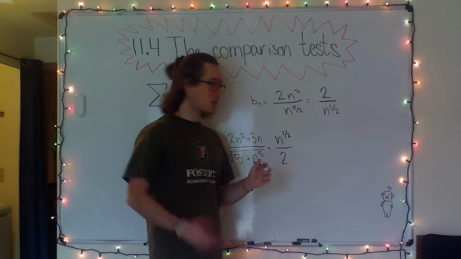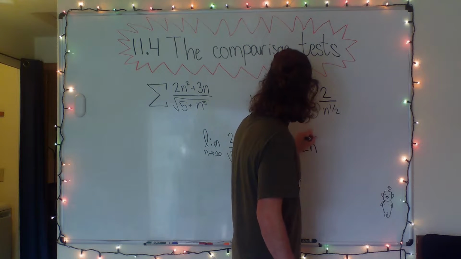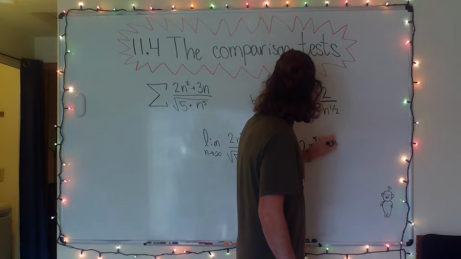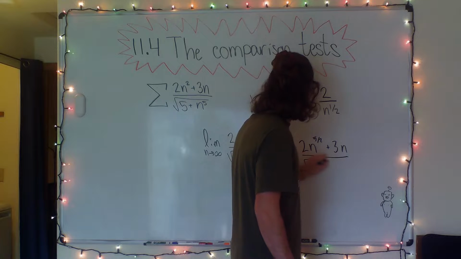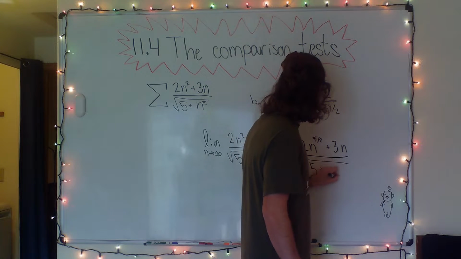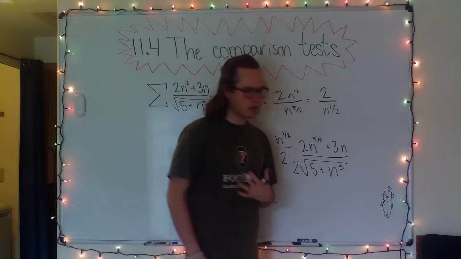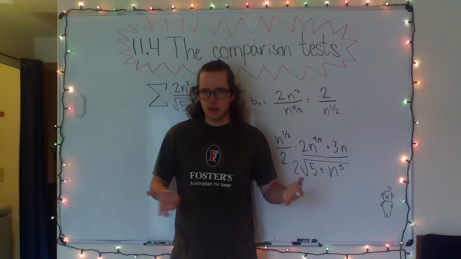And so this will come out to be 2n to the 5/2 plus 3n over 2 times the square root of 5 plus n to the 5. And we're like, okay, cool, but this doesn't help us, does it?